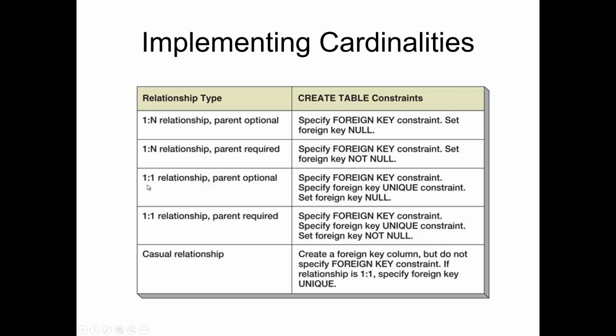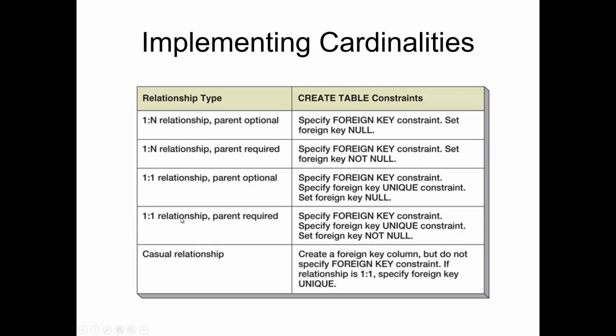If we have a relation of 1 to 1 and the parent is optional, then we specify that the foreign key constraint can be a unique constraint and set to null.